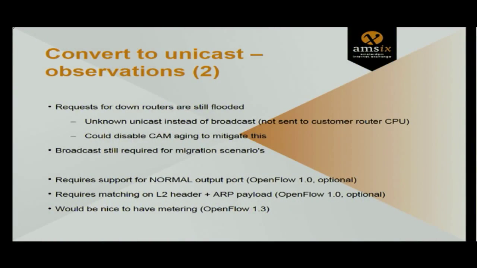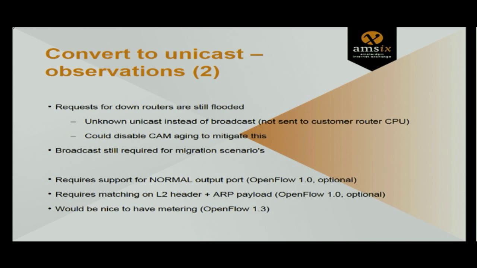What we could also do is disable hardware aging on our platform, which would allow us to always keep the MAC address entries in the CAM tables. And if a customer router goes down, these broadcast requests to unknown unicast destinations won't be forwarded over the entire platform.